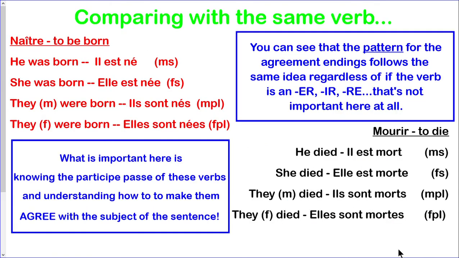Comparing the same verb. So I have the two opposite verbs here. I have to be born and I also have to die. So you can see here it goes from MS all the way to FPL, and you can see how the verb changes with every sentence. So I used subjects that were explicitly masculine or feminine. So he, she, they, masculine, they, feminine.